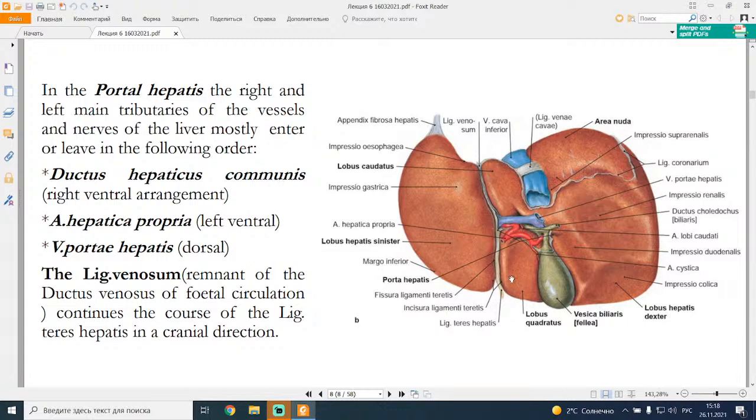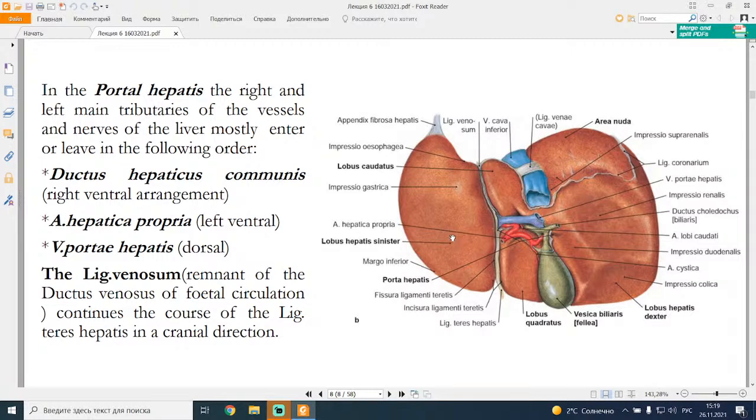You see ductus hepaticus communis, arteria hepatica propria, and vena portae hepatis.